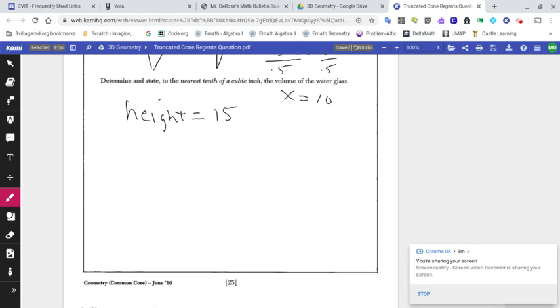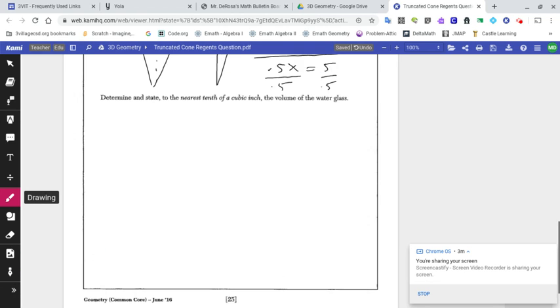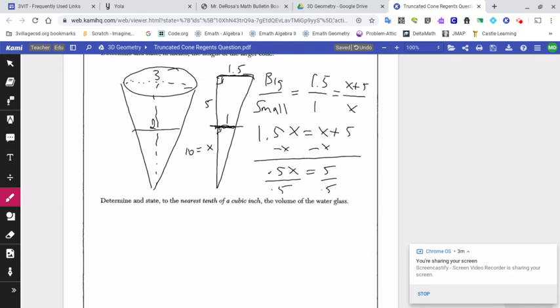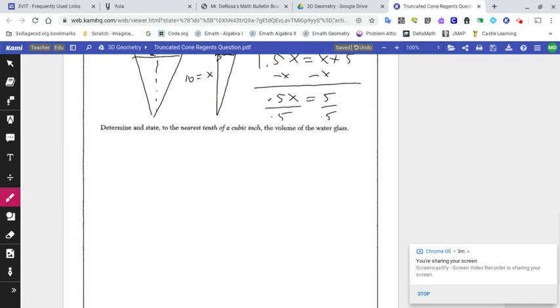Now to determine the height and the volume of the water glass, I'm going to erase some of this to make some room. Then we have to find the volume of the big cone, subtract the volume of the smaller cone, and then we would have the volume of the glass.